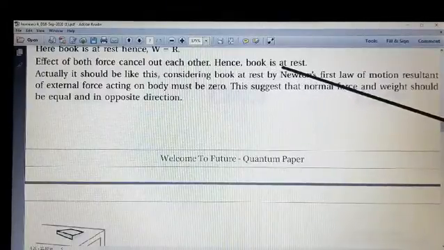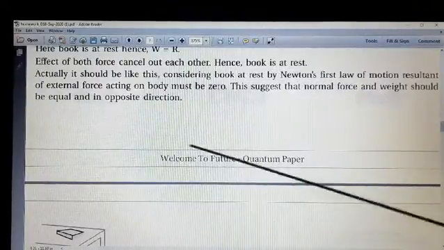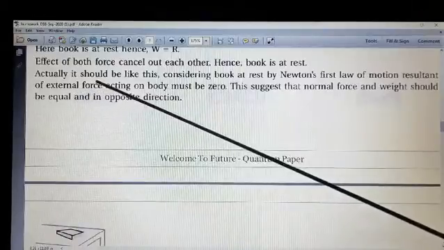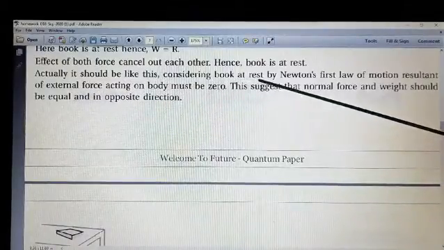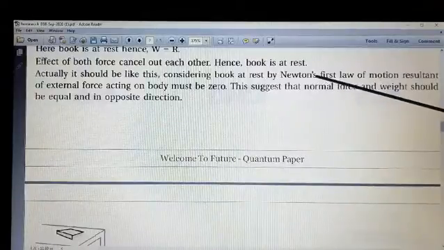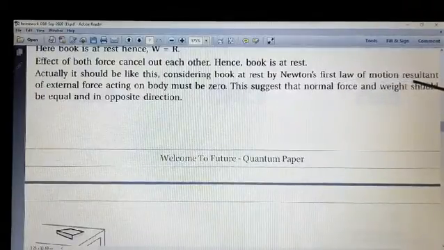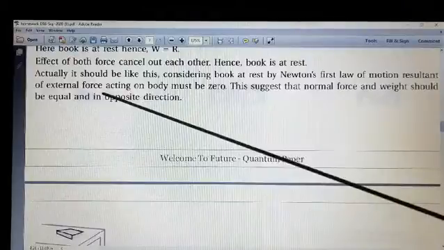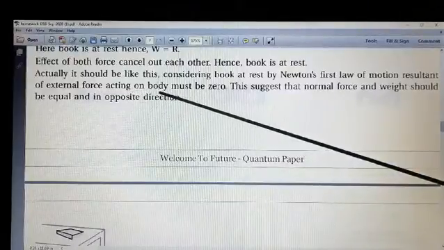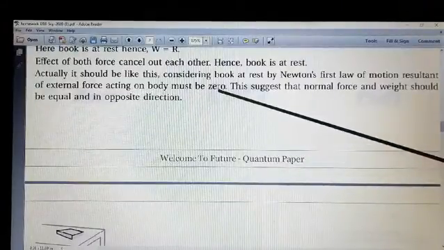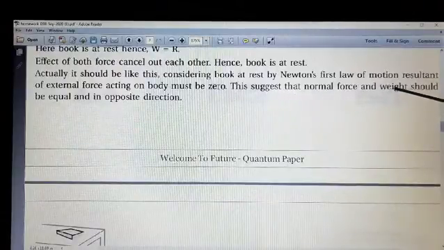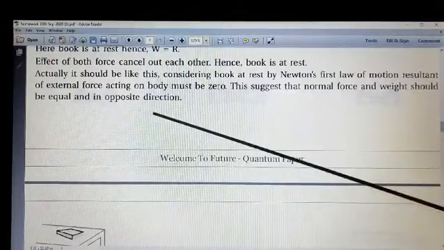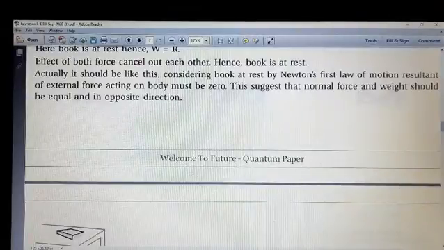Hence the book is at rest. Actually, it should be like this. Considering the book at rest, by Newton's first law of motion, the resultant of external force acting on the body must be 0. This suggests that normal force and weight should be equal and in opposite directions.